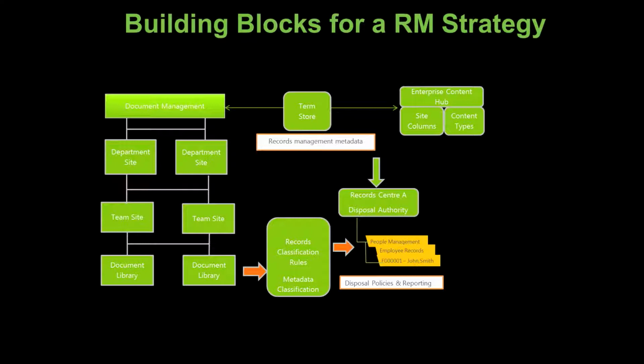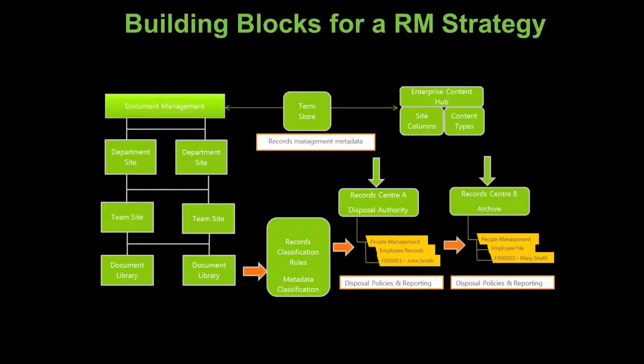Now, the file plan itself is very much synonymous with the records management space, in that it's a very structured and very hierarchical way of grouping and aggregating our information.